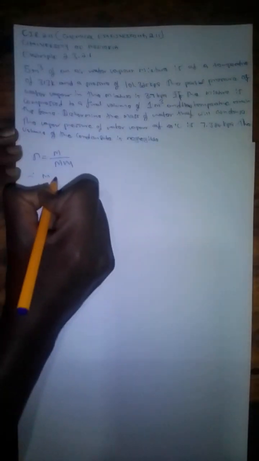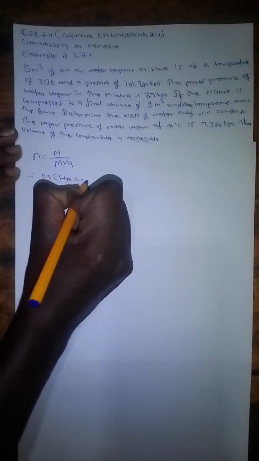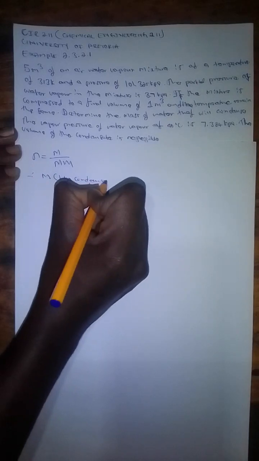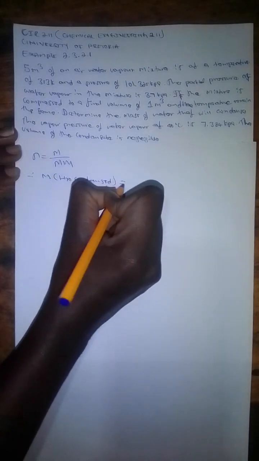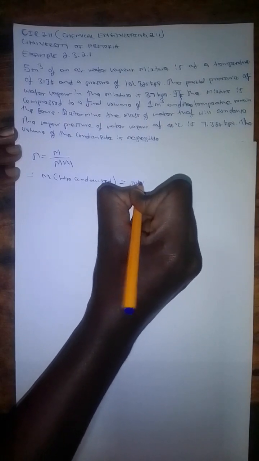We know that number of moles is equal to mass all over molar mass. Therefore, mass of H2O condensed is equal to number of moles multiplied by molar mass, isn't it?